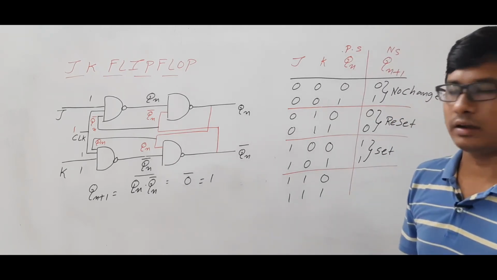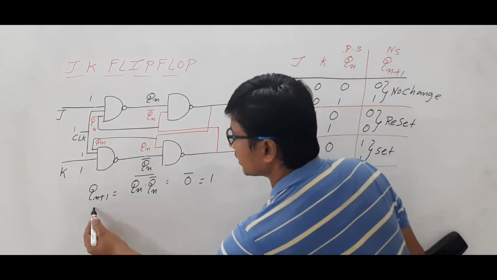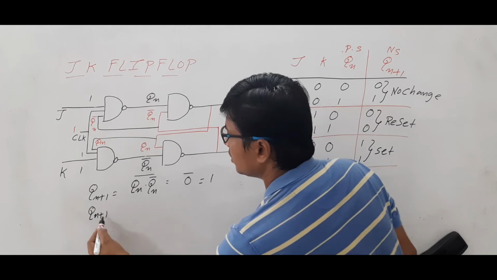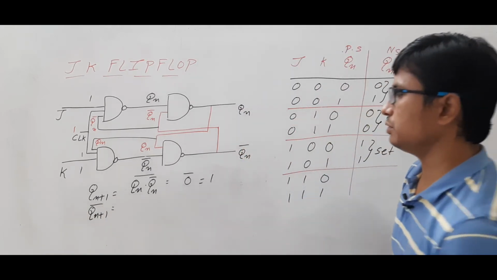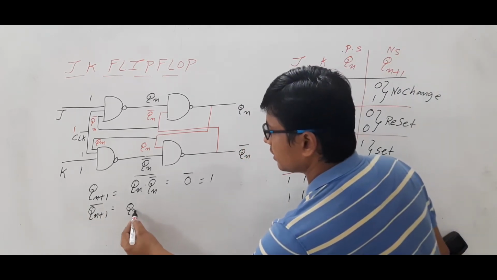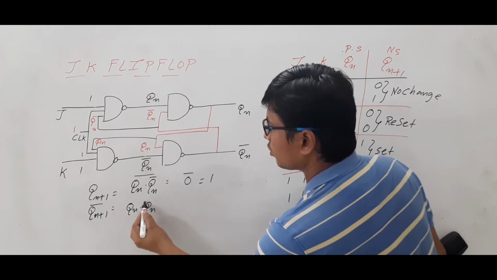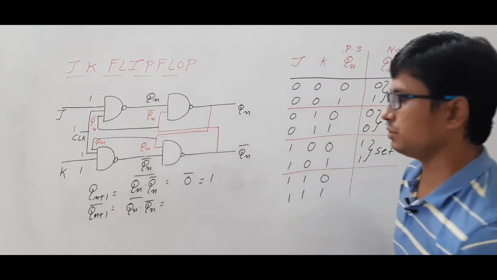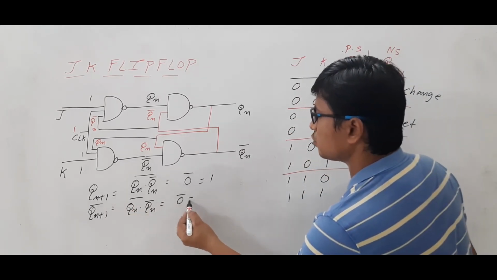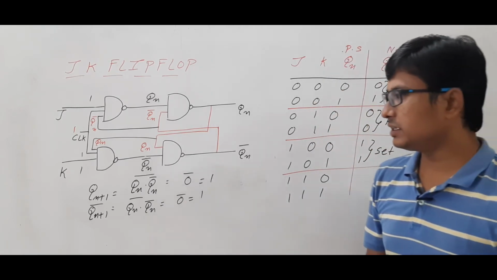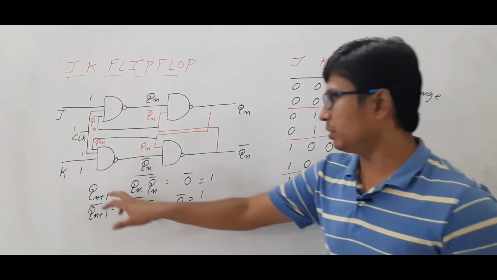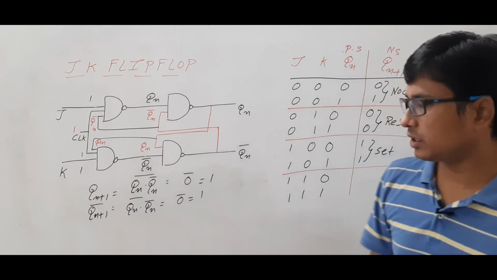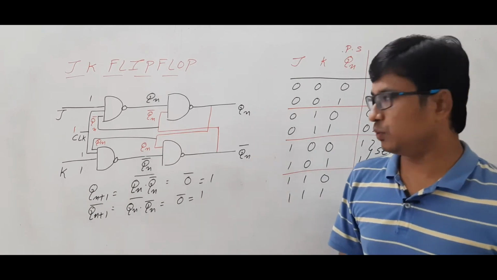Am I right or wrong? Similarly, if you look at Qn plus 1 complement is equal to Qn and Qn complement is equal to 0's complement is 1. Now you can say that again we are facing the problem: Qn plus 1 and Qn plus 1 complement is giving 1 and 1.